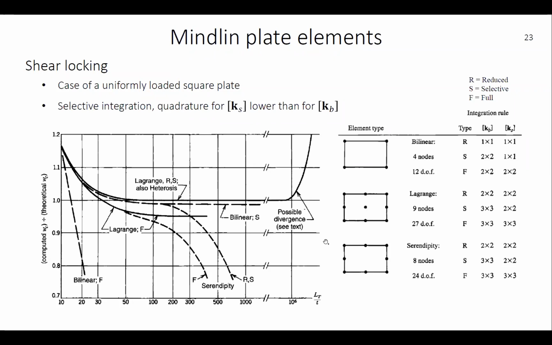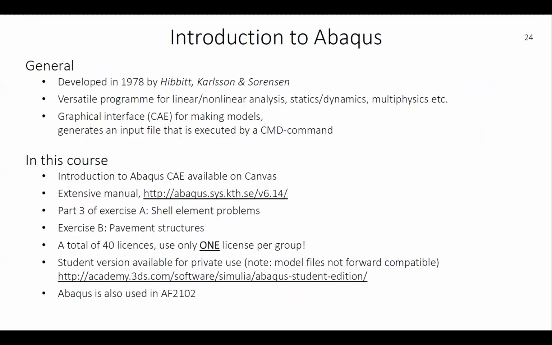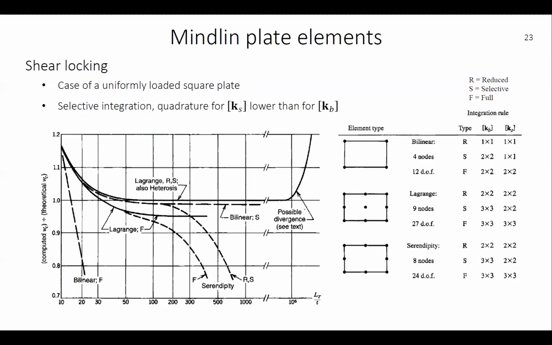And there are different places in Abaqus where that is defined. So that's actually the main part of today's lecture when it comes to plate theory. Do we have any questions so far?